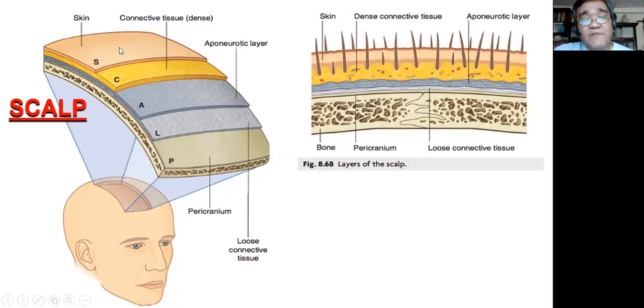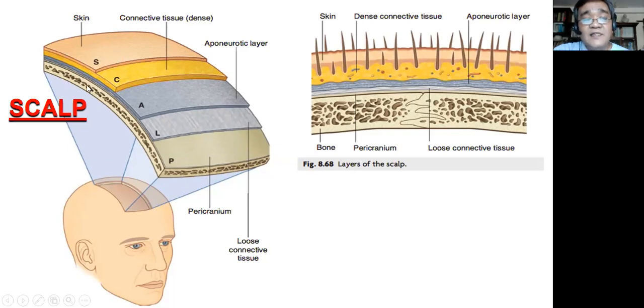Now, if you notice, each letter of the word scalp represents the 5 layers of the tissue. First is your skin, which, as we very well know, is made up of a lot of hair follicles, numerous sweat and sebaceous glands.